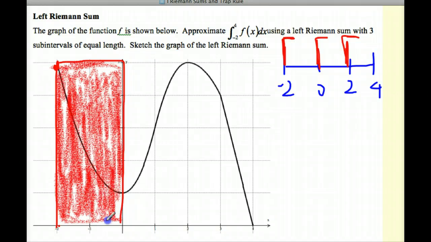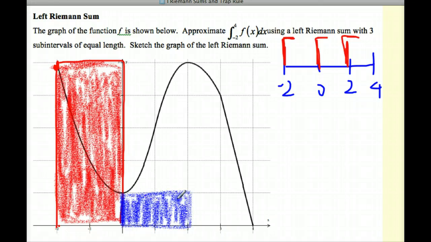So the next piece is from 0 to 2. The left-hand side of 0 to 2 is 0. So when I take a look at 0, this is where 0 hits, and I go all the way up until I hit 2. And there is my next rectangle.